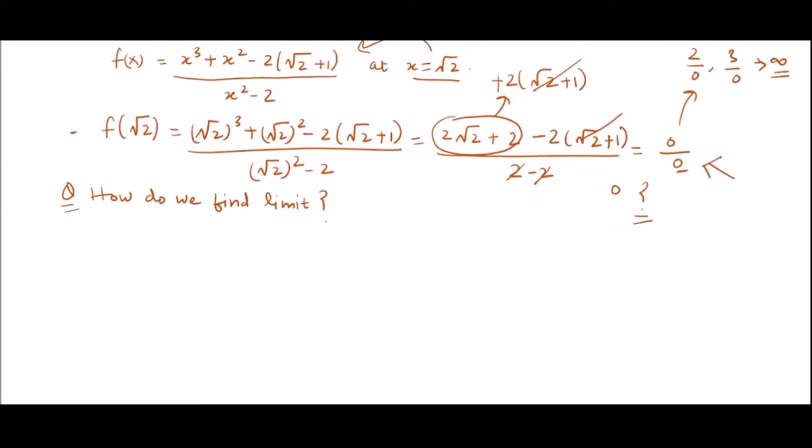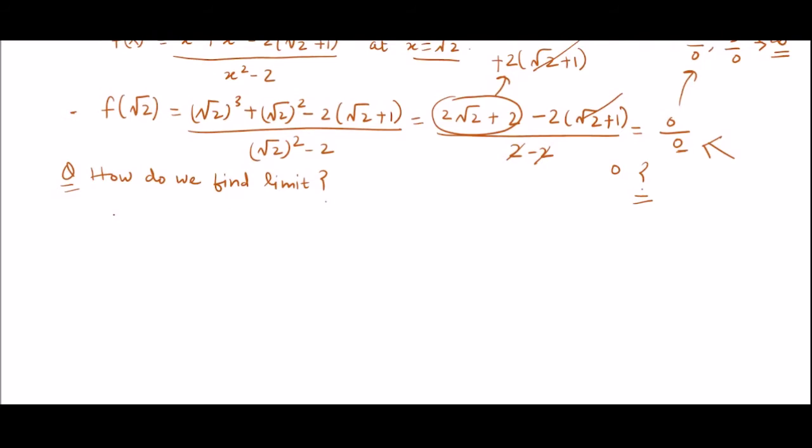Okay, so we find the limit of a function by using left hand limit formula and right hand limit formula, right? So for finding out the left hand limit, we use limit h tends to 0 f of x minus h, and for the right hand limit we use limit h tends to 0 f of x plus h.